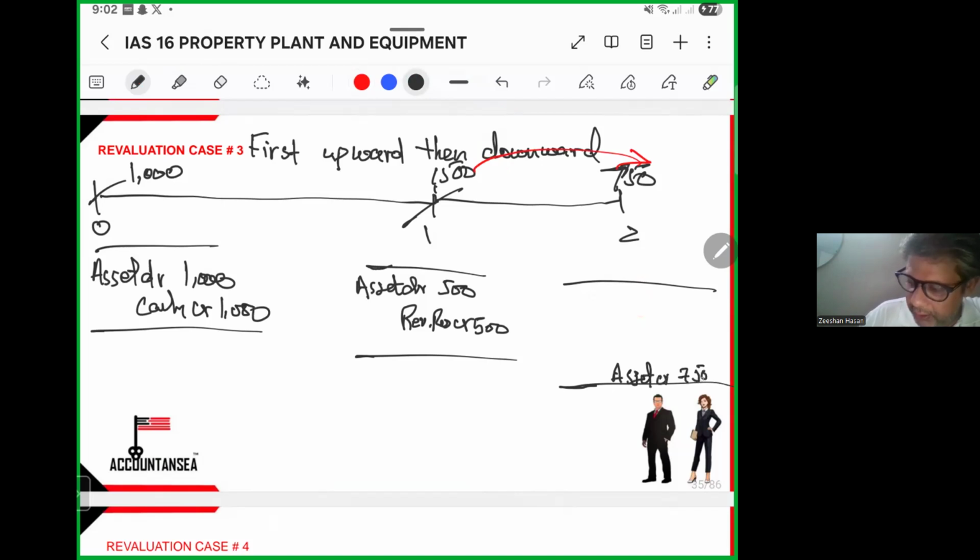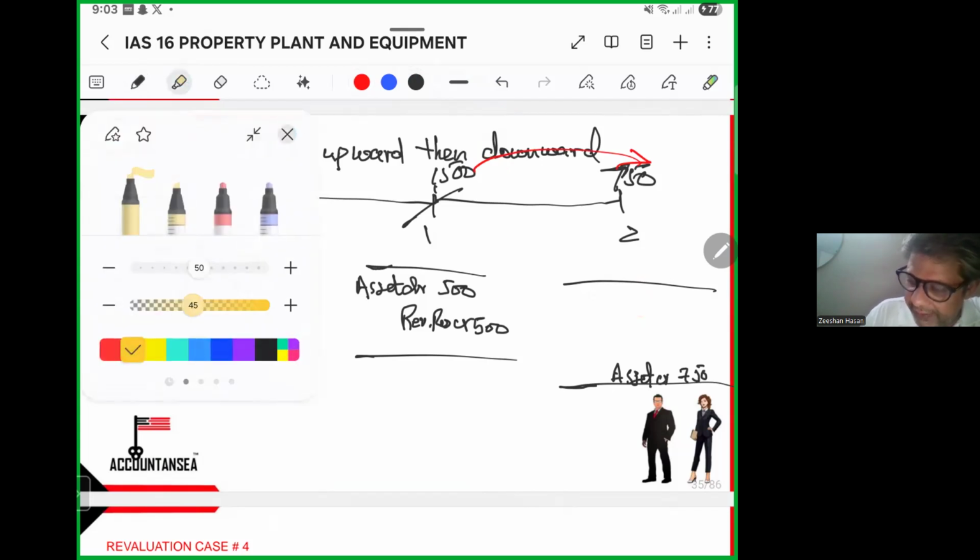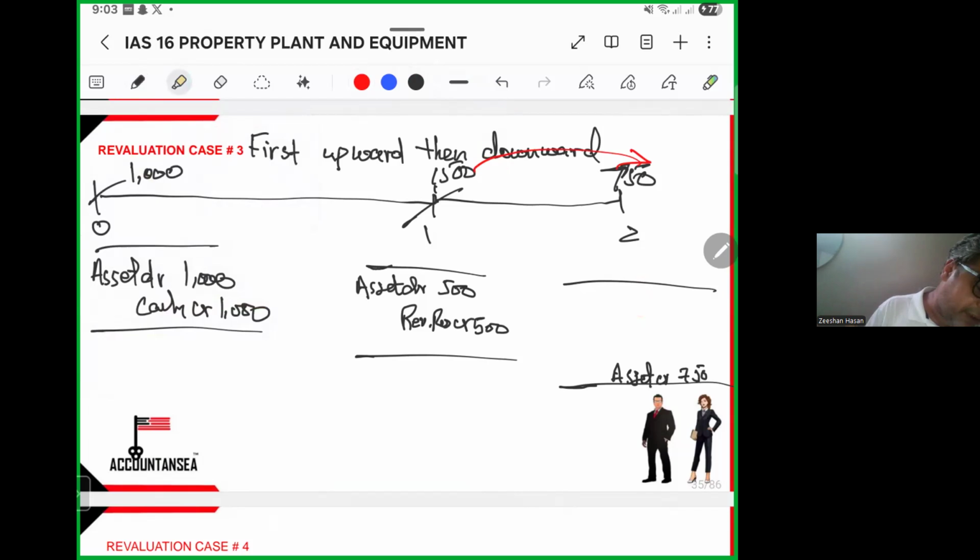750. Now the question is, how much revaluation have we recognized so far? 500, right? So we will finish it off, and to finish it off, we have to debit revaluation reserve by 500.